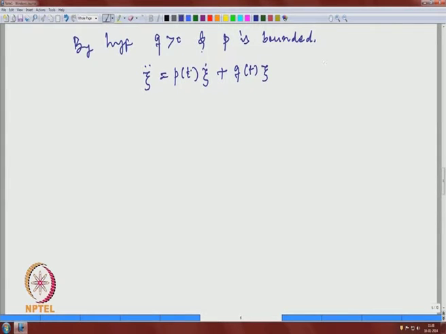So this, let me call it 3a, and similarly if you now differentiate the initial conditions at a with respect to s, what you get is J of a is equal to, you do that thing.